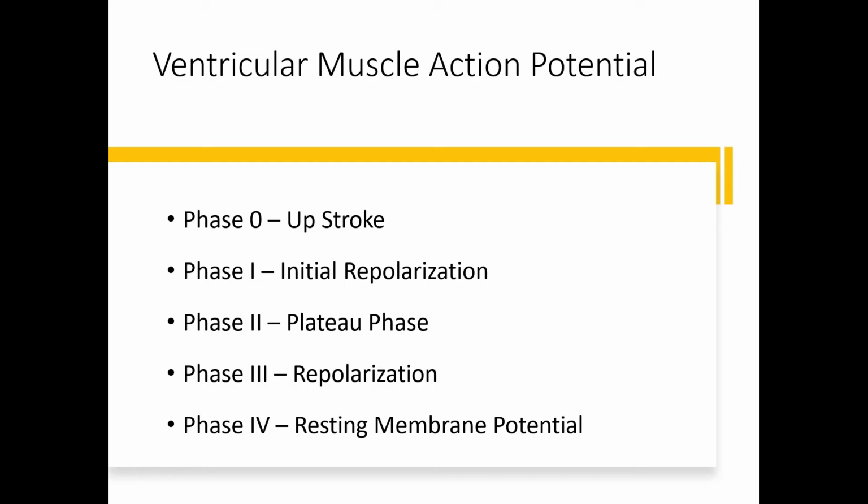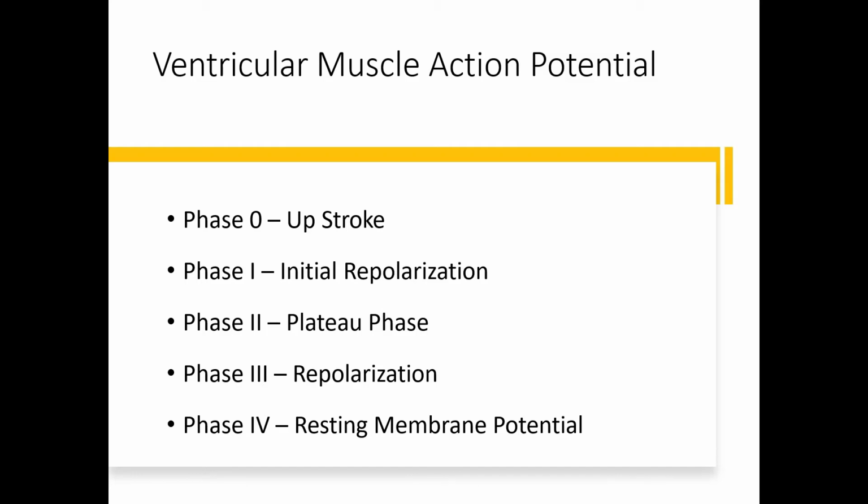The ventricular muscle action potential basically has 5 phases: phase 0, phase 1, phase 2, phase 3 and phase 4. Phase 0 represents the upstroke, meaning the line moving upward from 0 towards the upper side. Then we have the initial repolarization phase, where the graph shows a line moving downward.